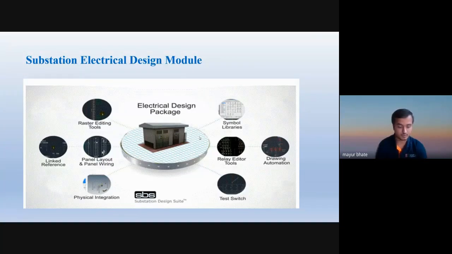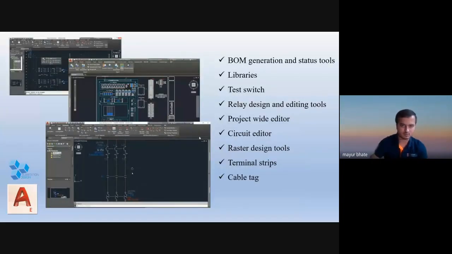Hence, this module is very user friendly, as it includes all the features of AutoCAD, plus a symbol library and tools for automating control engineering tasks specifically in the substation, which ultimately helps the designer reduce the lead time of the project. I'll be explaining a few of the features as you can see on the screen.